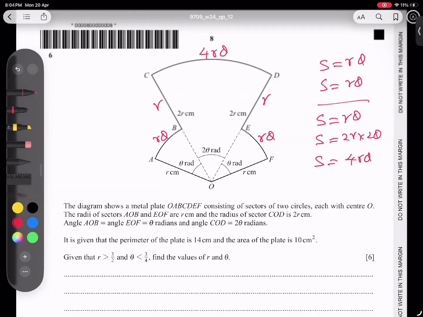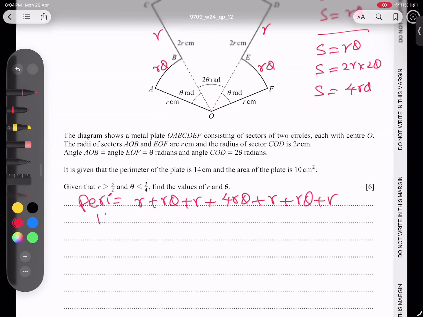Now I can start. So what is the perimeter? For the perimeter part, I'm starting from one corner: r plus r theta plus r plus 4r theta plus r plus r theta plus r. And the perimeter is replaced by 14.